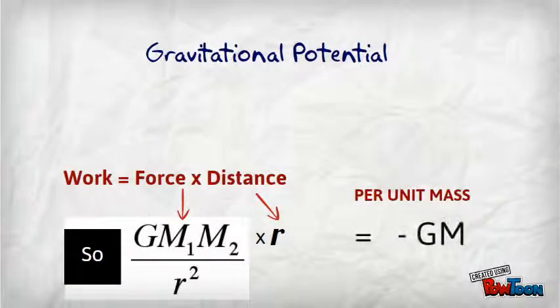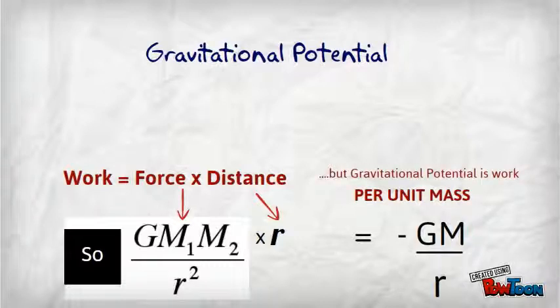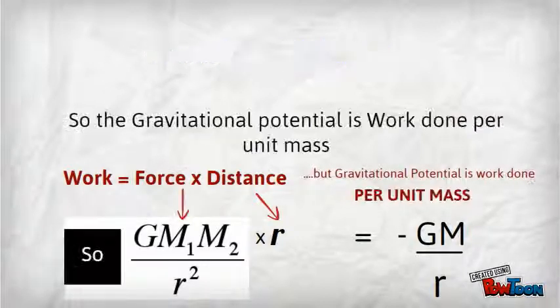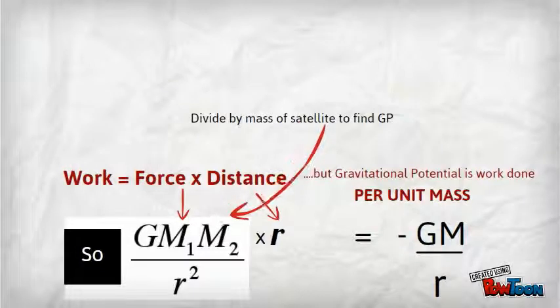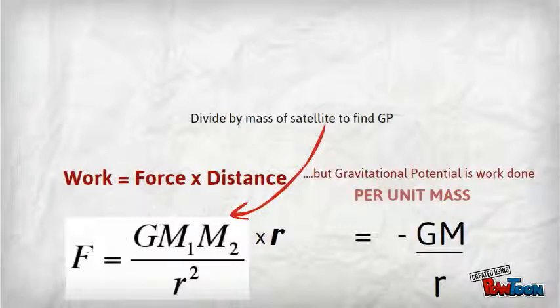Now remember that gravitational potential is actually the work done per unit mass, so we then need to divide that by the mass of the satellite. So that gives you the equation that gravitational potential is equal to minus Gm over r, where m is the mass of the Earth.